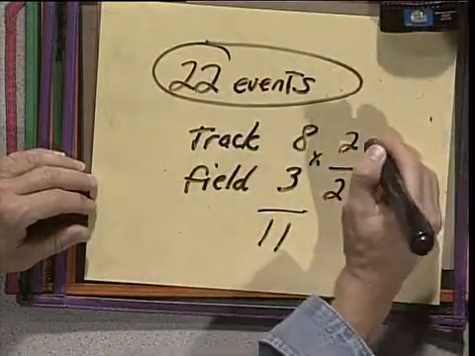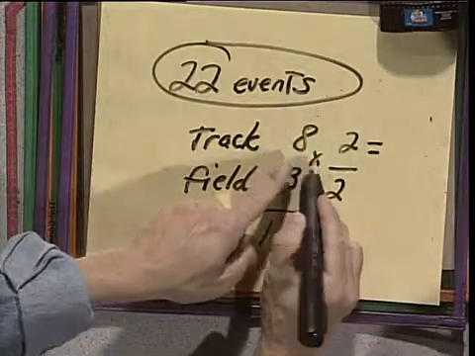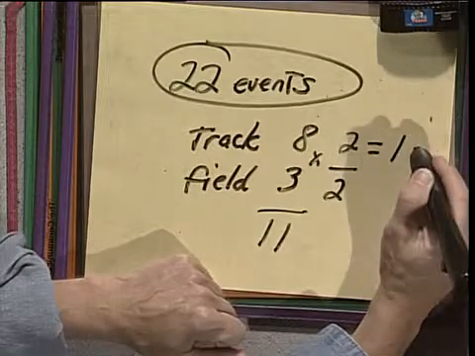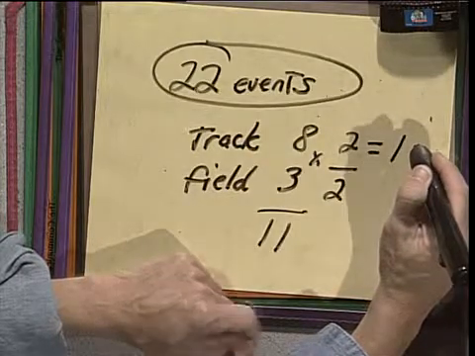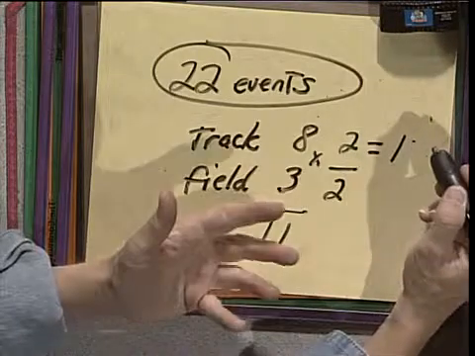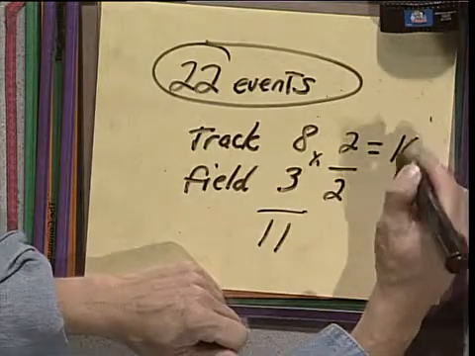So 8 to 3, if we multiply 8 times 2, what do we get? 8 times 2. 16.